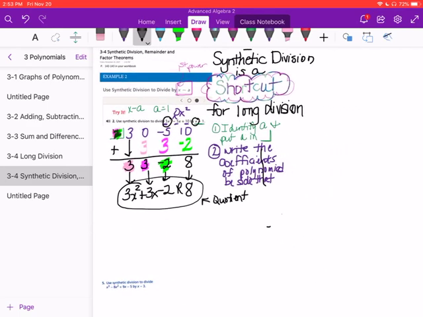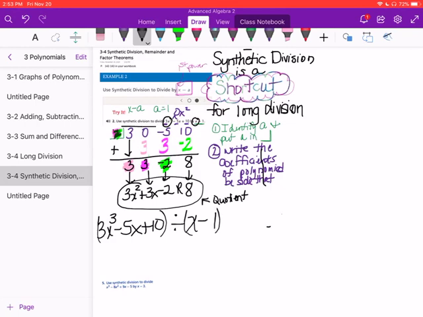So what does that mean? That means if I take 3x cubed minus 5x plus 10, my original dividend, I divided it by 3x squared plus 3x minus 2. No, I did not. What did I divide it by? x minus 1, because that's what the problem said to do.